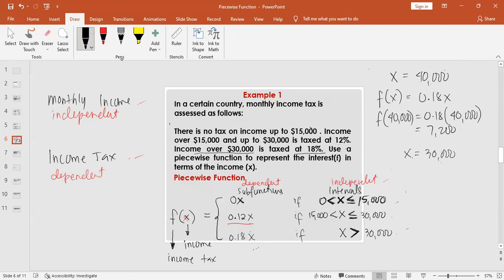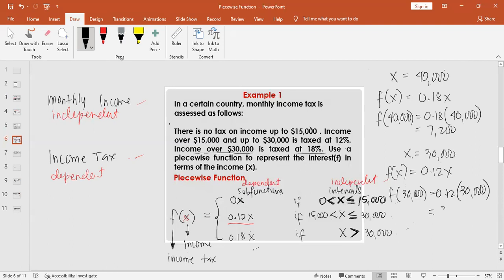So we will write f of x is equal to 0.12x. Then we will replace the variable x by the given value. Equals. What is 12% of 30,000?